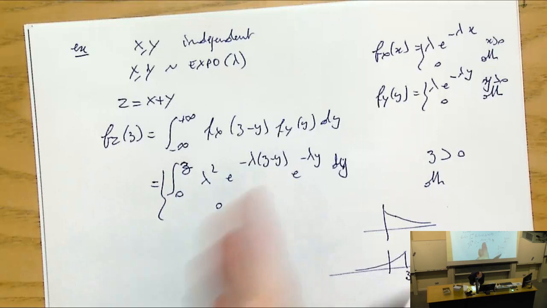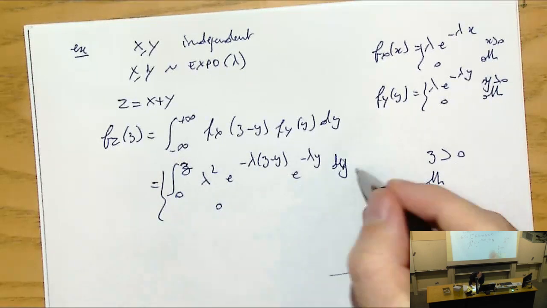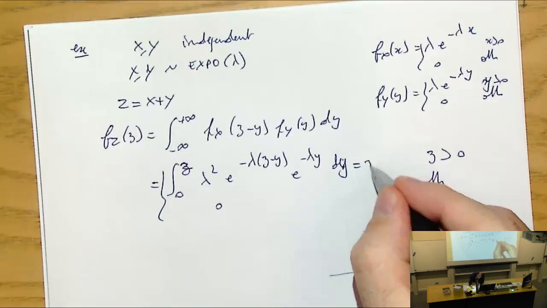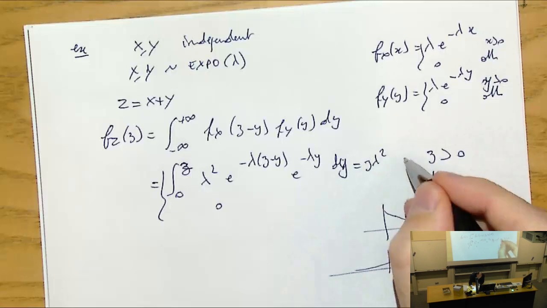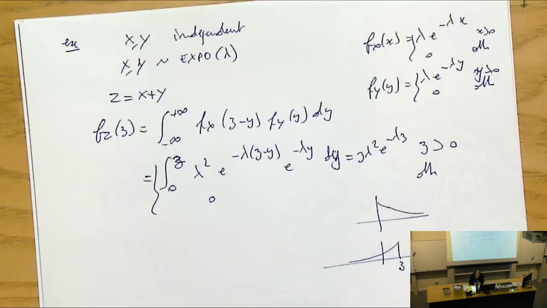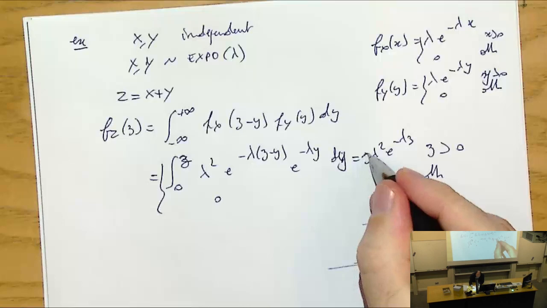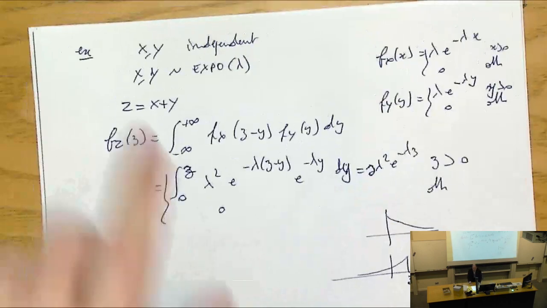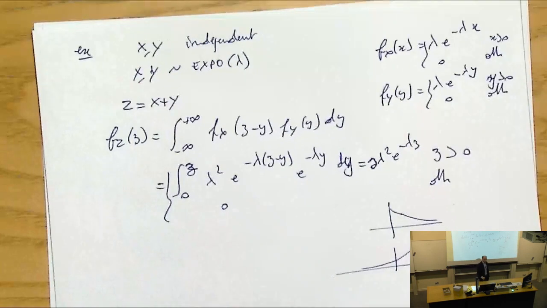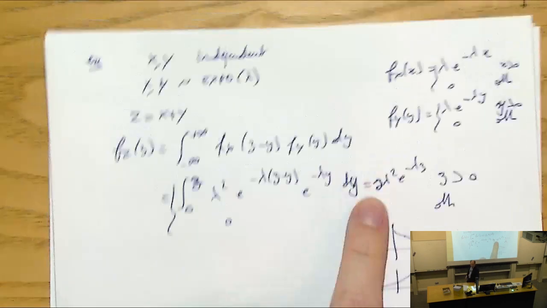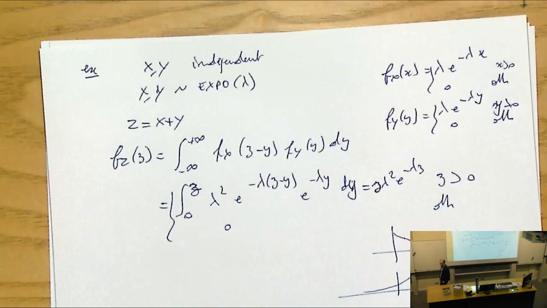Okay, and so you can compute this. If you do that, you get something that looks like z lambda squared e to the minus lambda z. And so what you see here is that if you have two independent exponential random variables, the sum of those two is actually not exponentially distributed.